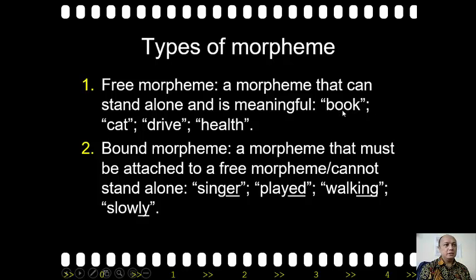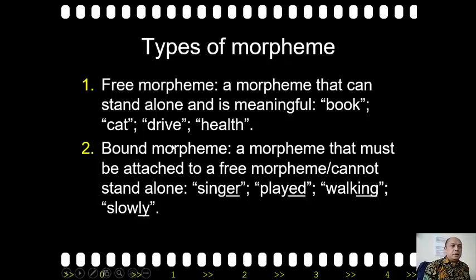Book is a free morpheme because it can stand alone. If I say book or if you read the word book, you know the meaning of that morpheme. Cat also is a free morpheme because it can stand alone and it has meaning. Drive, health. Those are examples of free morphemes.